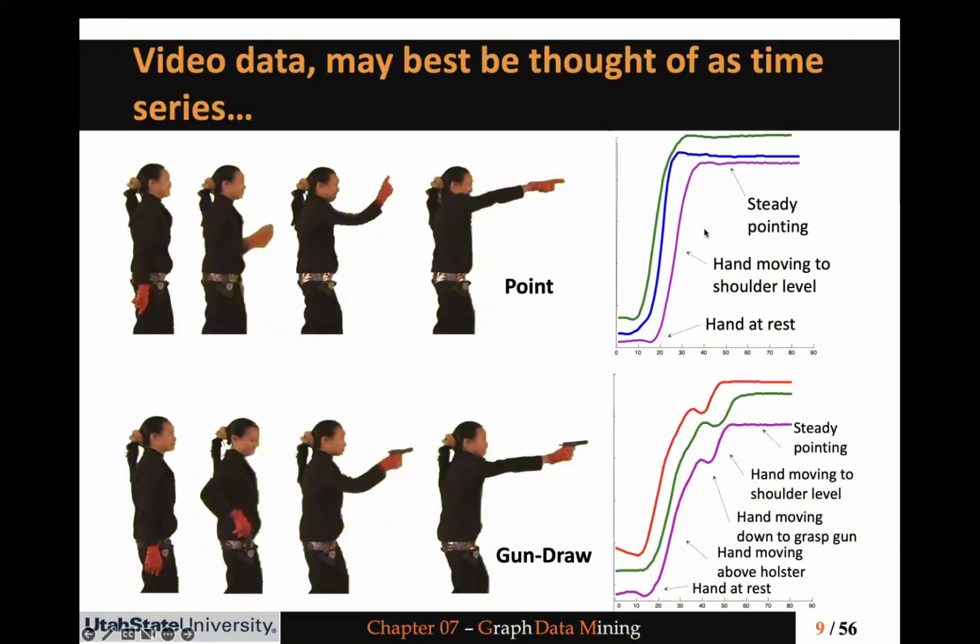On the other hand, we have a slightly different time series, which describes the gun drawing behavior here. It's almost the same shape with the exception that we have a hand moving to the shoulder level before she points the gun up, right? So we have a small bump before the steady pointing at the end of the process.